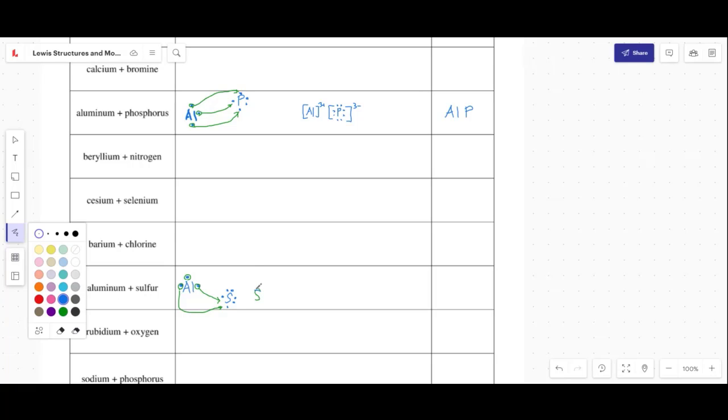And so I'll do another 2, 4, 6. Well, now this aluminum can give its last electron away to the sulfur, but this sulfur is still missing a full octet. So I have to grab another aluminum then.